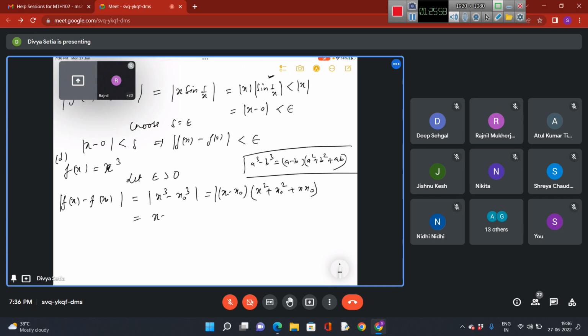Now what? How can you get rid of this extra part? Now there is no trigonometric function, no special function, it's just involving x. Now how can I get rid of the extra part?